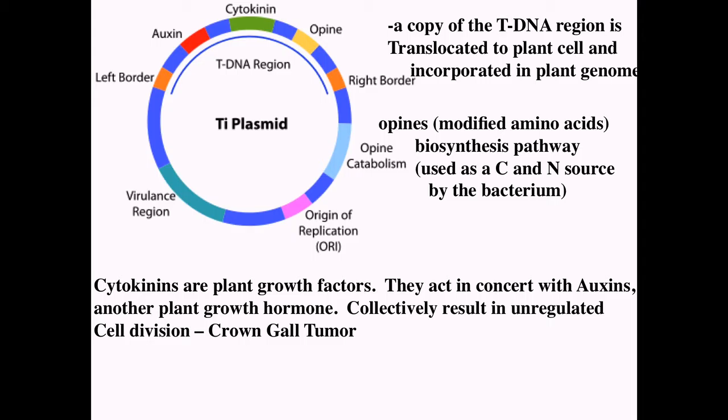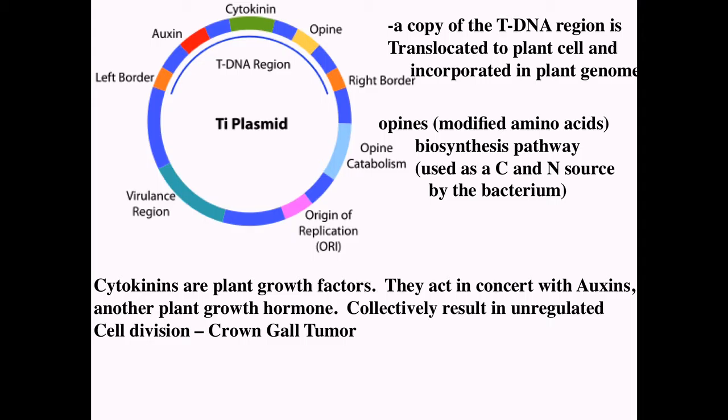But then look at the other things, and I've already mentioned this a little bit, but I want to repeat it just to make sure people really get why this is such a cool system. Within that tDNA that's now being amplified every time that cancerous cell divides, there is the ability of that cell to now produce opines, these modified amino acids that the plant cannot use. So the plant makes them, but it can't do anything with them, so they build up to high levels.